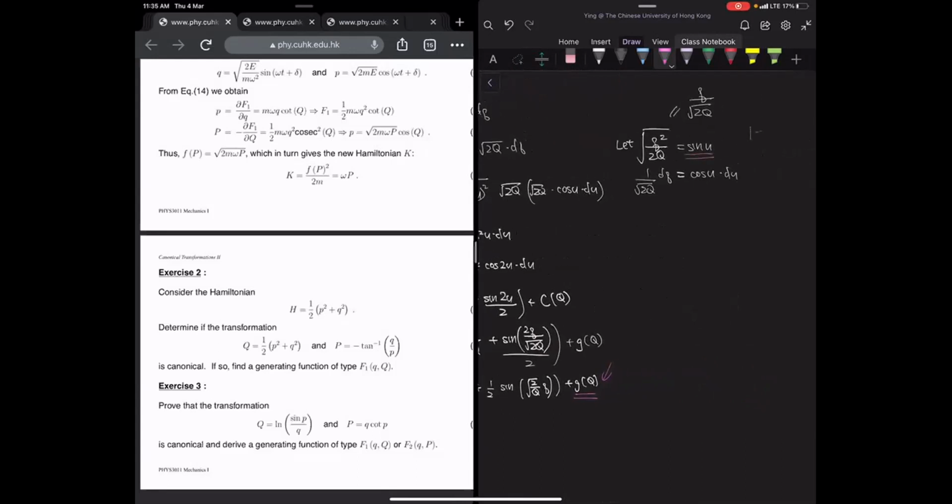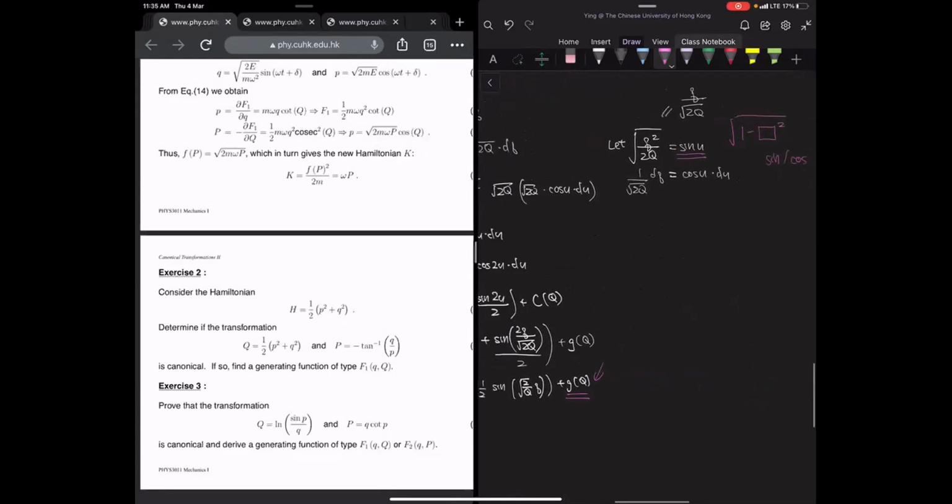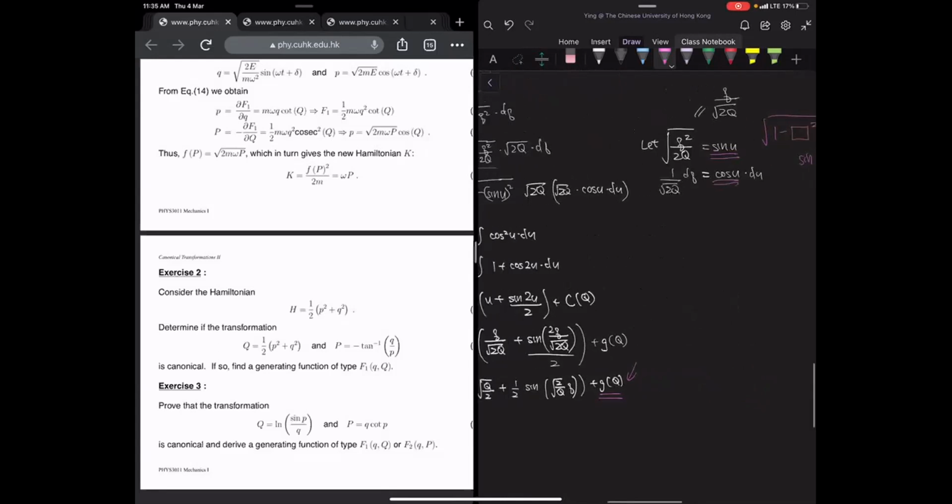Now we have 1 minus something squared, so it will be good to use sine or cosine. I chose sine because I don't want the negative sign. So here I let the sine function be like this.